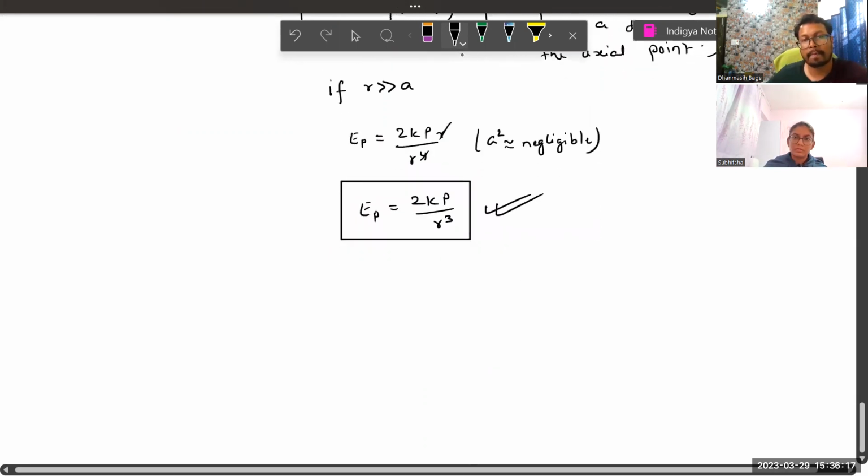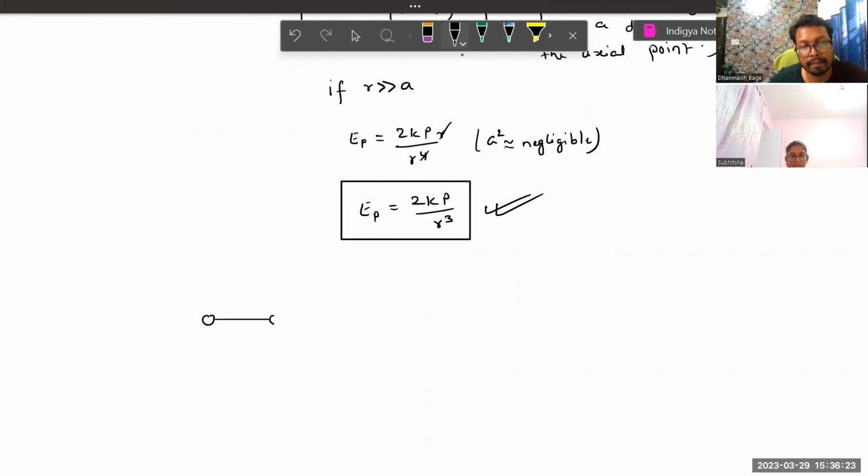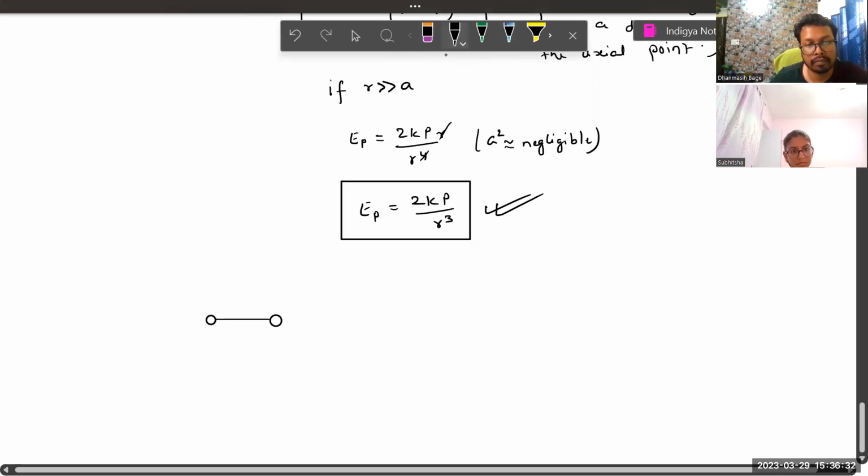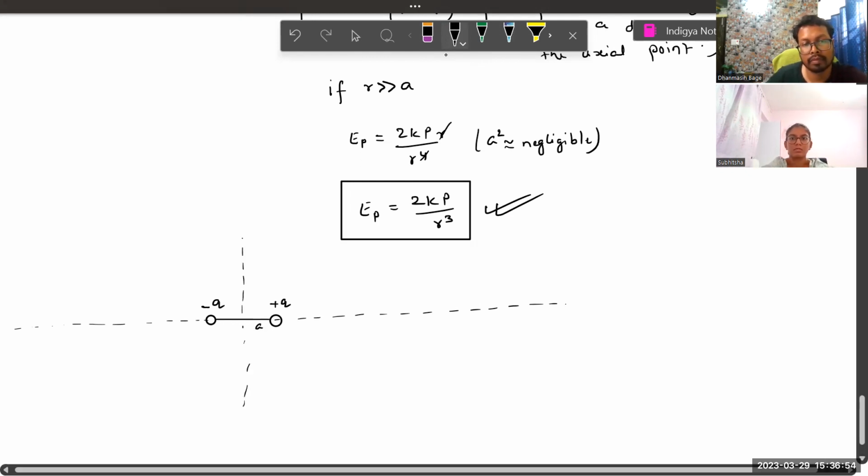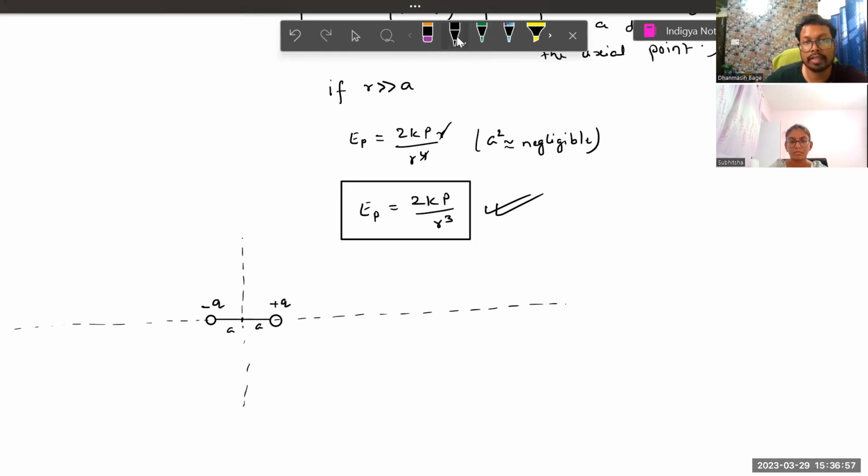Here you need to understand this thing, that if there is a charged particle here, minus q, plus q, A, this is the origin.